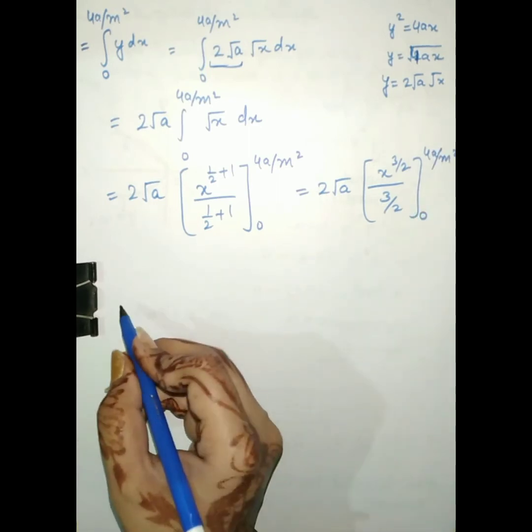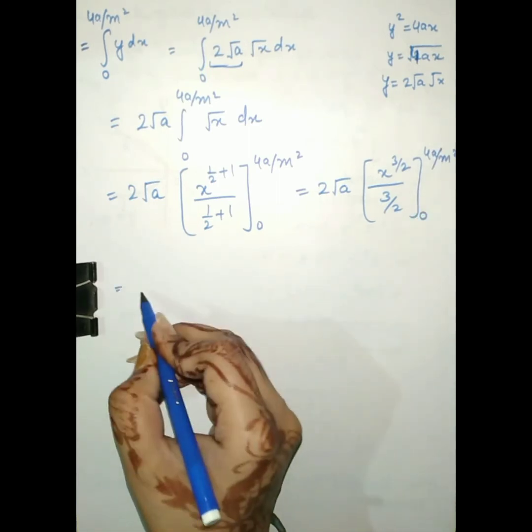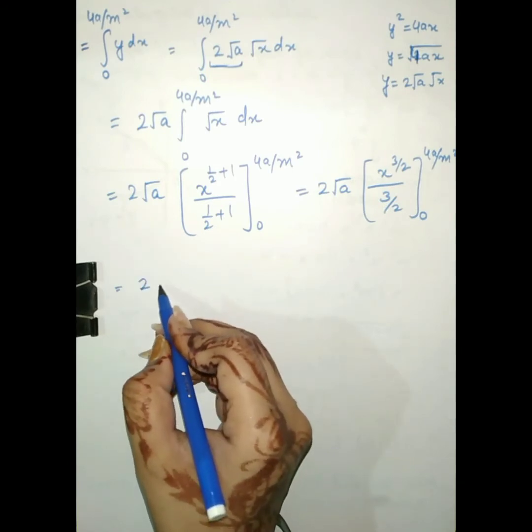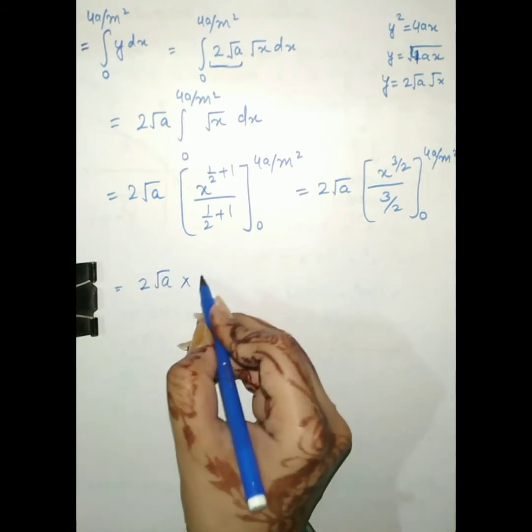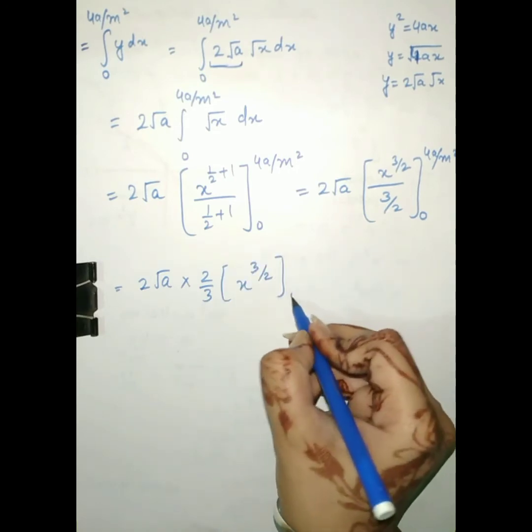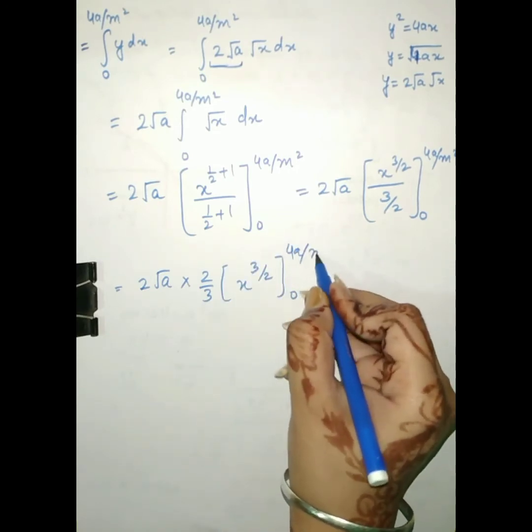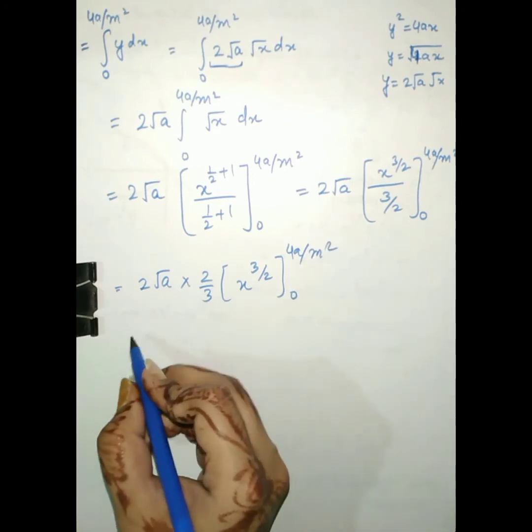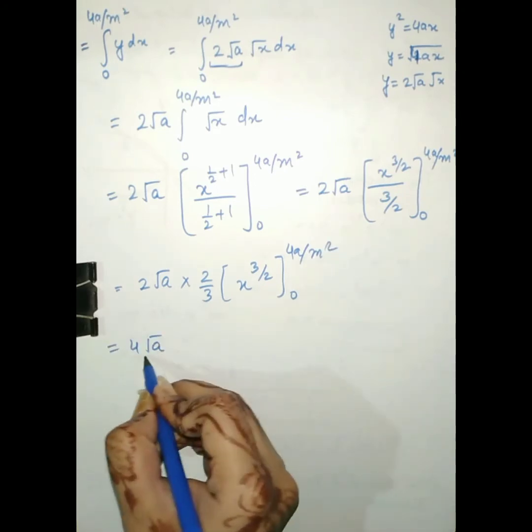That means it will become 2 root of a into 2 upon 3, x raised to the power 3 by 2, limit 0 to 4a upon m square. That means it will become 4 root a upon 3.